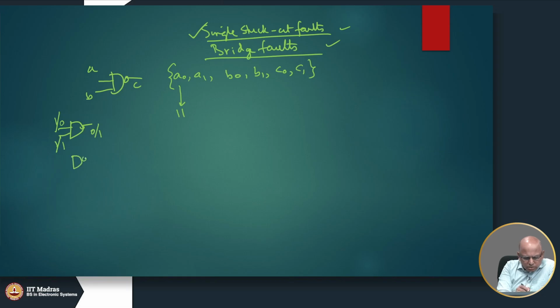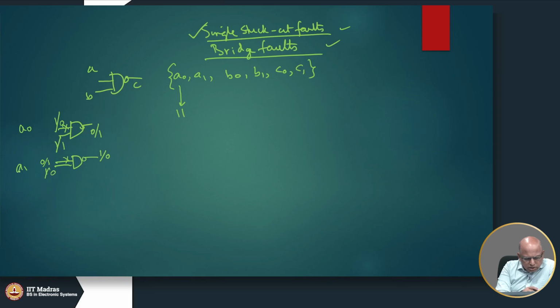Similarly, suppose we had A stuck at 1, then if I apply a 0 and a 1, a good circuit will produce a 1, but if this was stuck at 1, a bad circuit will produce a 0. So, remember this notation.